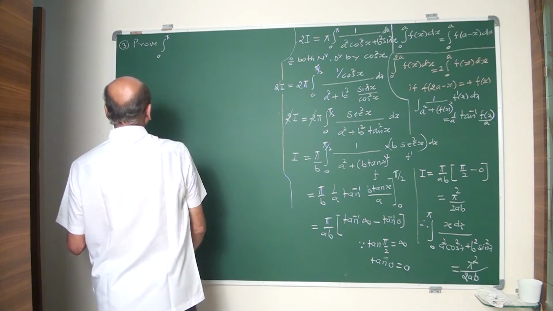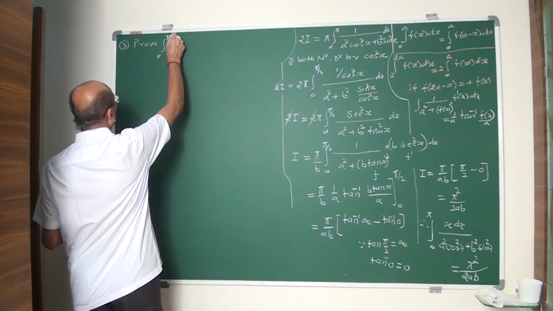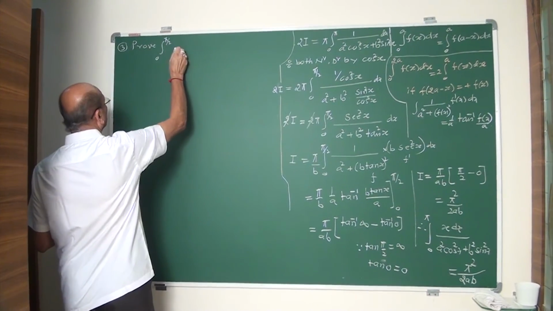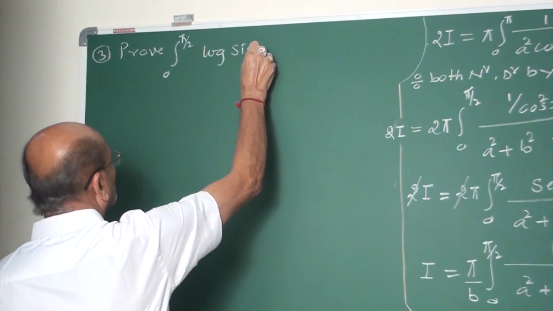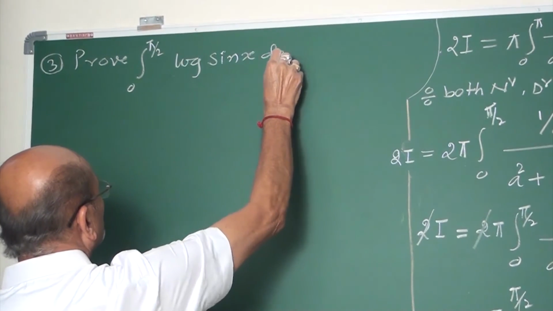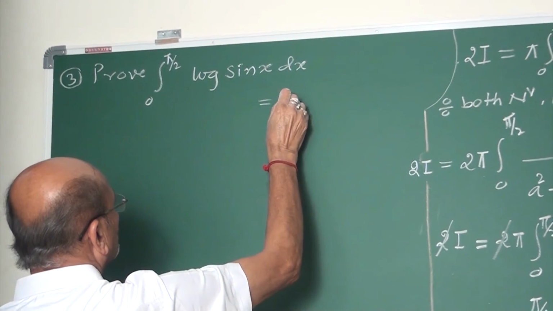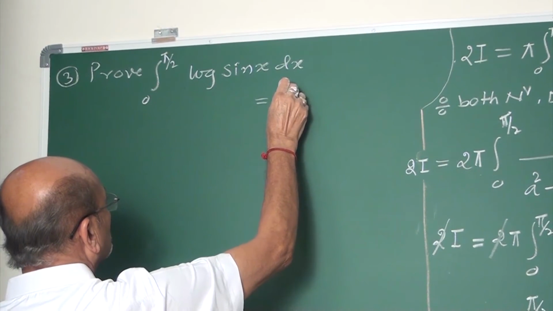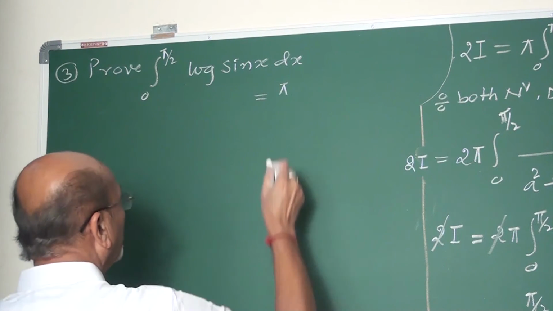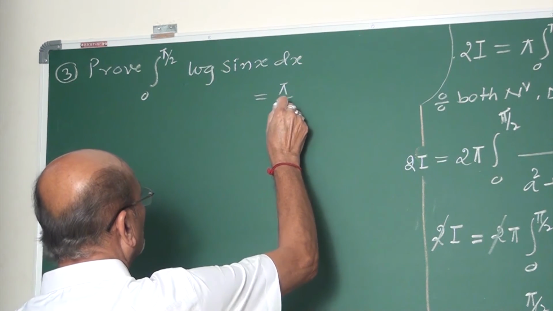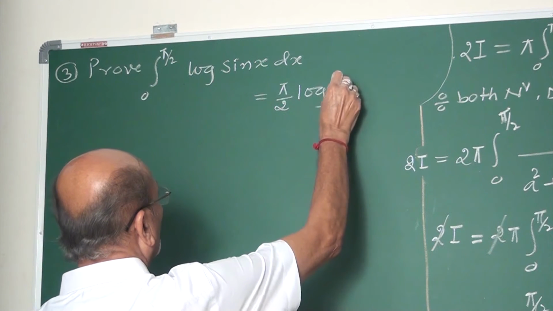integral 0 to pi by 2 log sin x dx equal to pi by 2 into log 1 by 2.